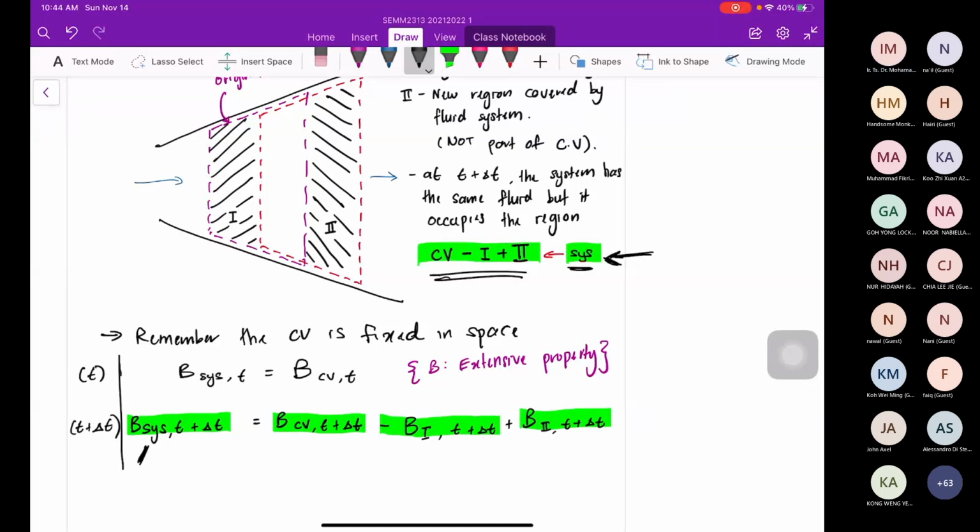So the extensive property of the system at this time equals control volume at this time minus region 1 plus region 2. I just want to show you the difference in terms of time. Oh, I see, doctor. Thank you.